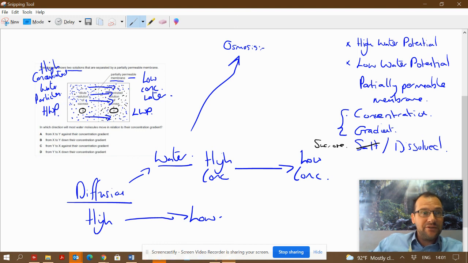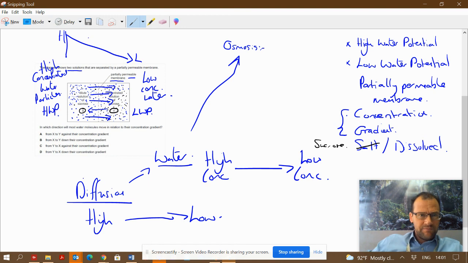And remember, it's a net flow of water. There is some water moving this way, but there's much more water moving the other way than there is from Y to X. Okay, so we're moving down that concentration gradient from high to low. Imagine that's a hill with concentration being the height.